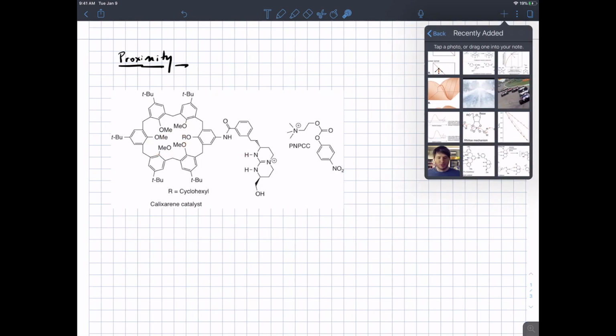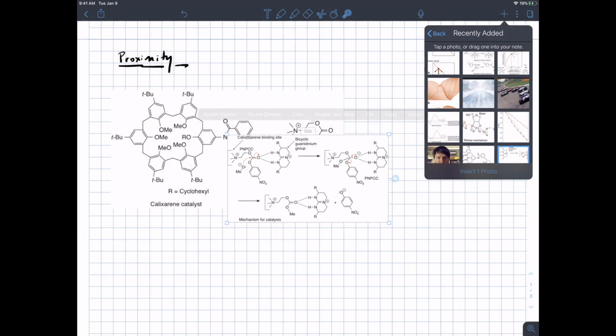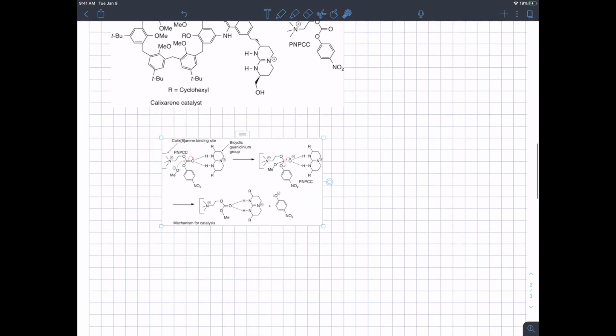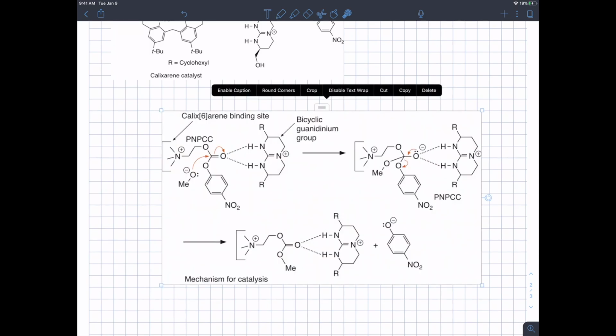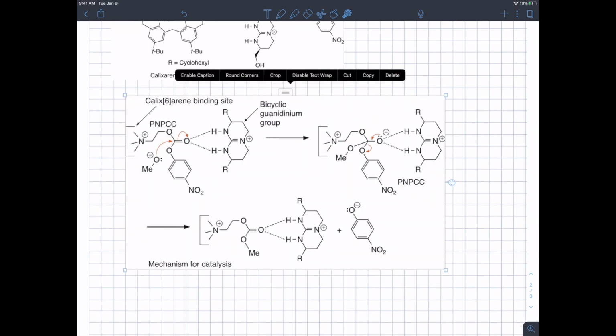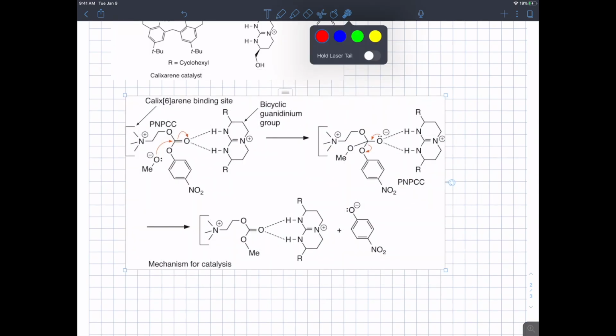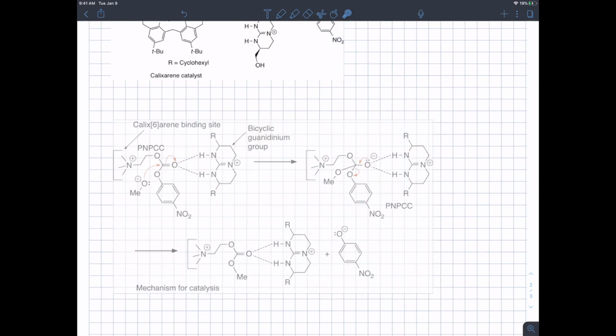And the idea was that, and now they're going to draw their calixarene as a little bracket because that's less space.